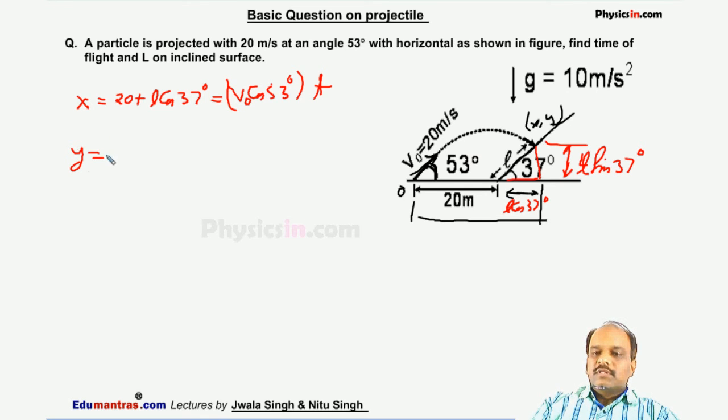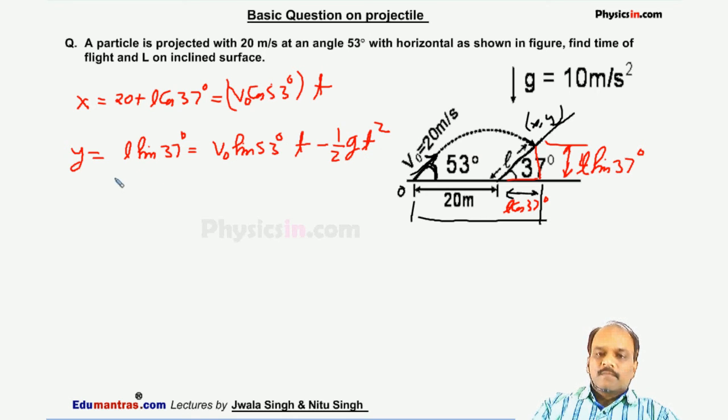Y coordinate means it is L sin 37 degree, which is equal to v naught sin 53 degree, because angle of projection is 53 degree, v naught sin theta into t minus half g t square. This is our first expression. This is our second expression.